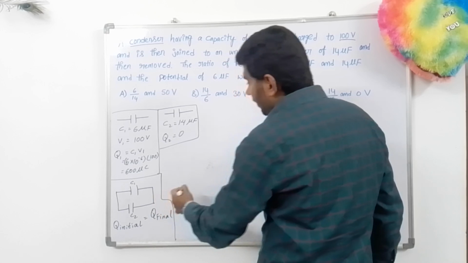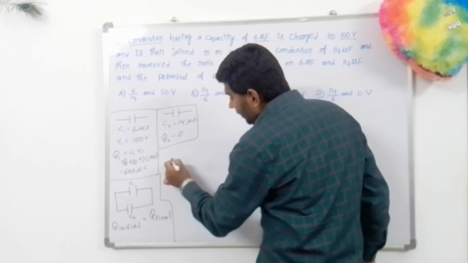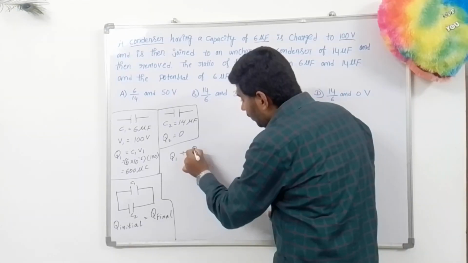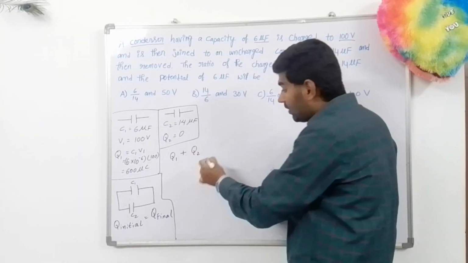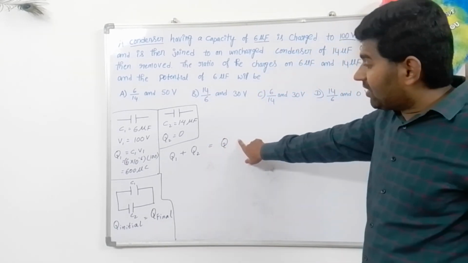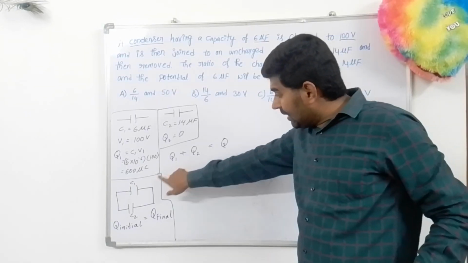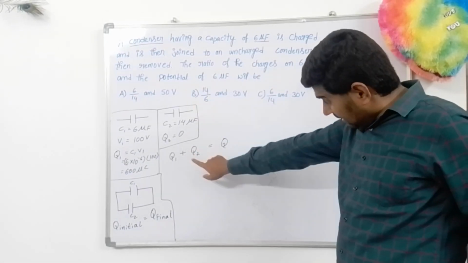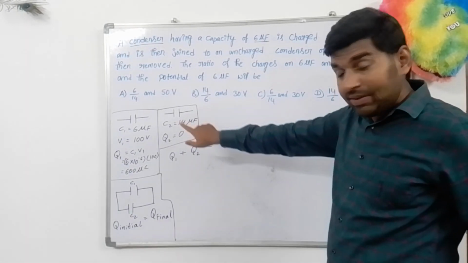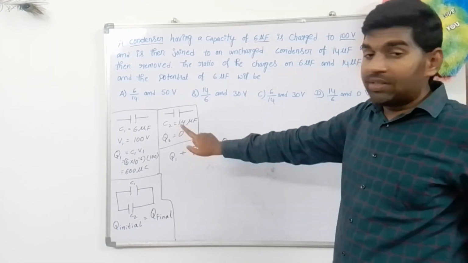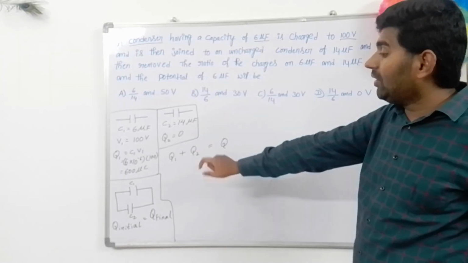What is the Q initial? Q initial is nothing but Q1 for the first capacitor charge, Q2 second capacitor charge is equal to Q, where Q is the final charge, Q1 is the initial charge of the first capacitor, Q2 is the initial charge of the second capacitor, Q is the final charge of those two capacitors whenever those two are connected together.